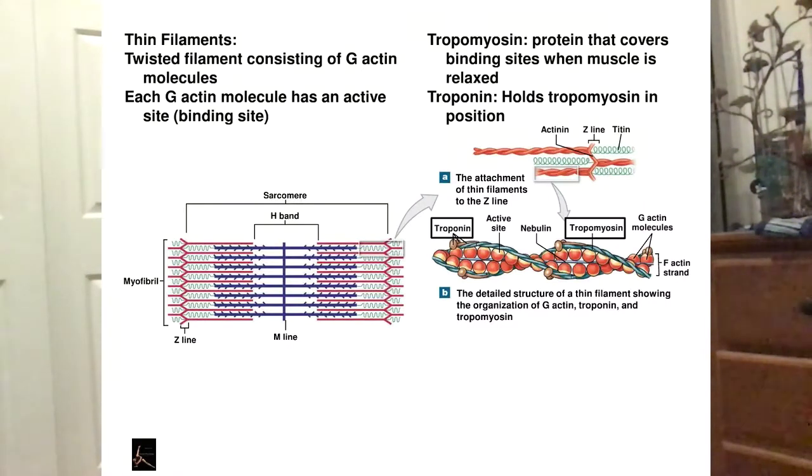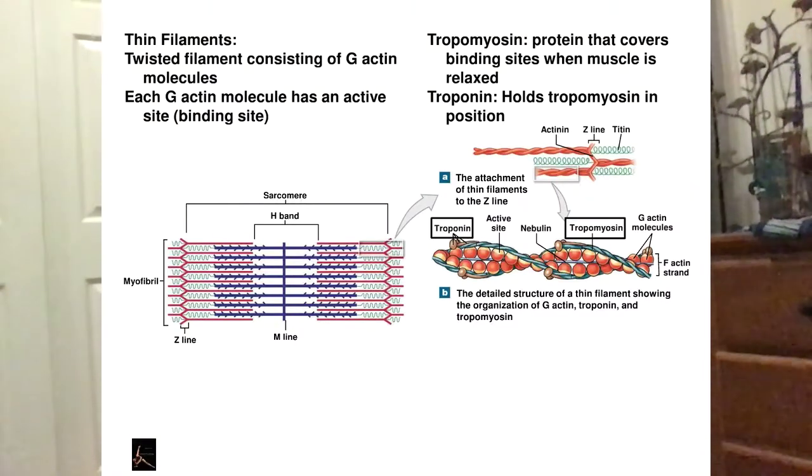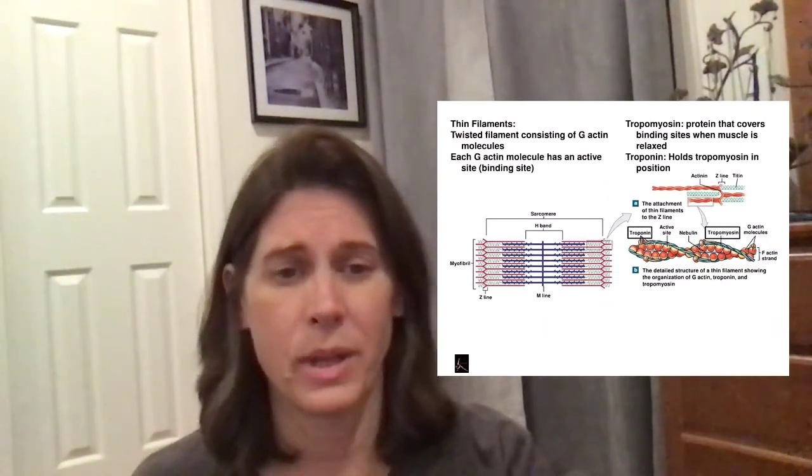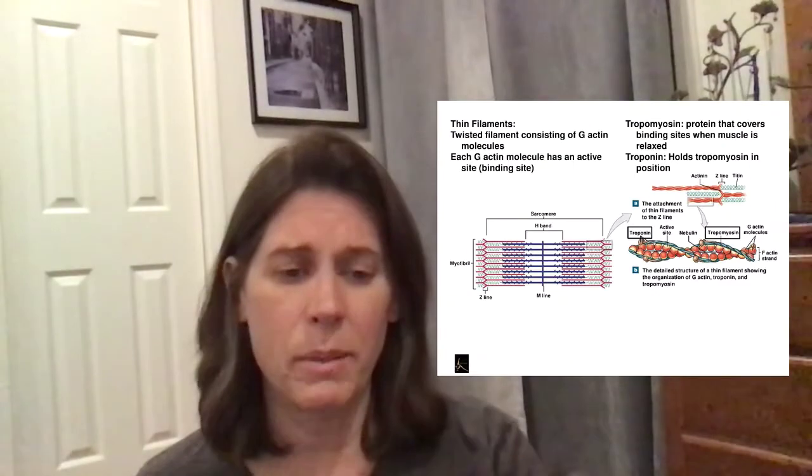Okay, and then notice right underneath the sentence of troponin holds tropomyosin in position, that picture there is showing how actin is attached to the Z line. Okay, so those are attached to the Z line. So if actin gets pulled toward the center, toward the M line, then those Z lines are going to get closer together, much like my thumbs got closer together in that demonstration. Okay, so those are the thin filaments.